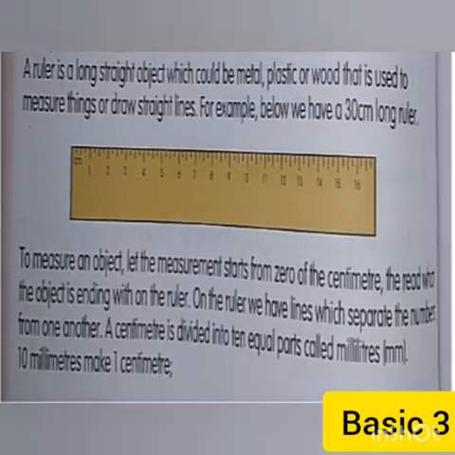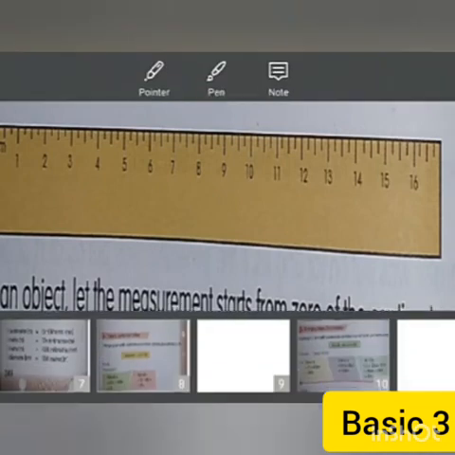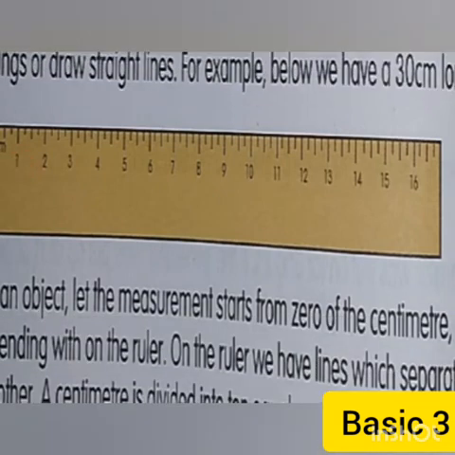If you look at the ruler very well, you notice that the 0 centimeter is somewhere here, just before the 1. That is where you ought to begin the measurement. Don't begin at this number 1. Always begin at the 0 point. Do we understand?